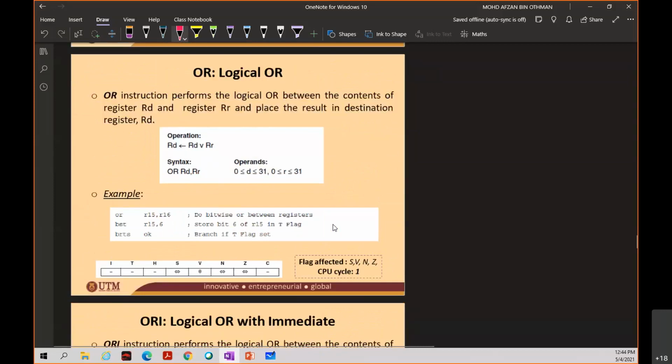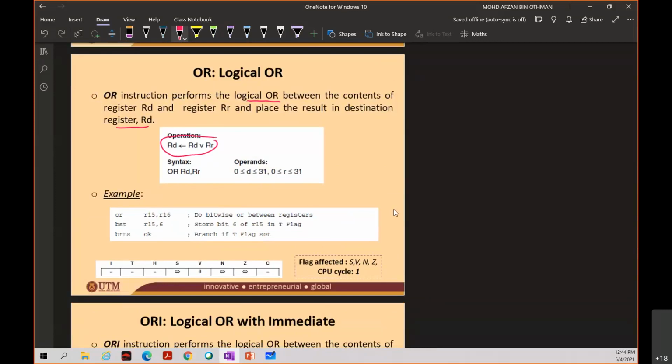Next we look at the OR. OR stands for logical OR. This instruction performs the logical OR between the contents of register Rd and register Rr, and places the result in the destination register Rd. So this is our operation here.